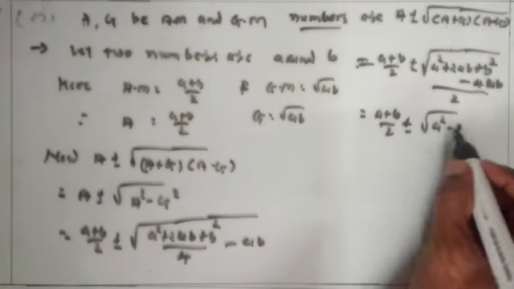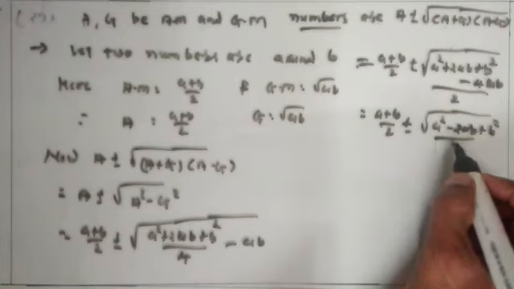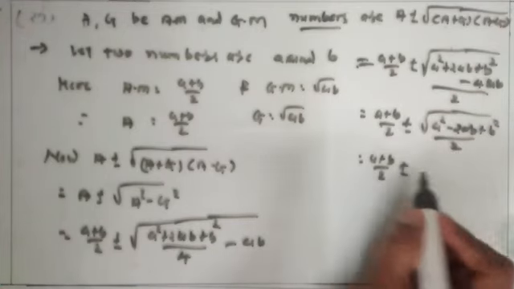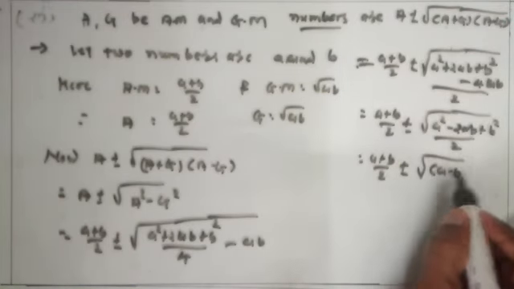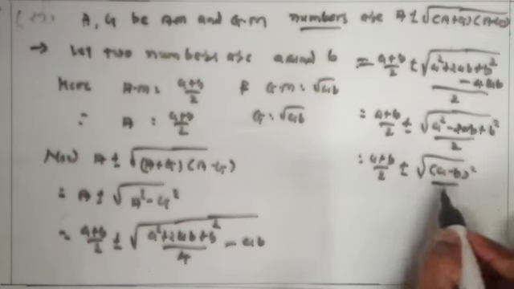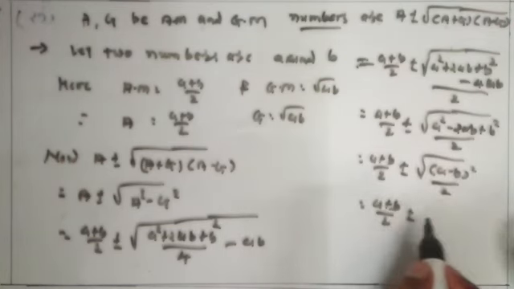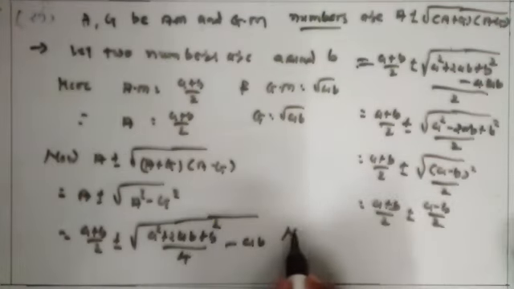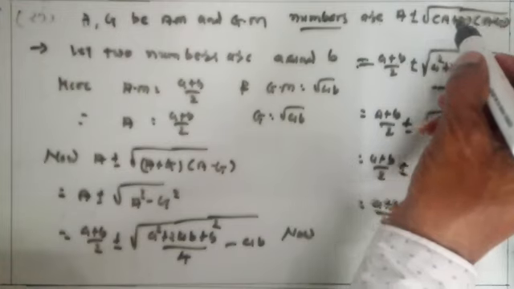So a square minus 2ab plus b square upon 2. So it is equal to (a plus b) upon 2 plus or minus, this becomes a perfect square. So (a minus b) raised to 2 upon 2. So it is equal to (a plus b) upon 2 plus or minus (a minus b) upon 2. Clear?